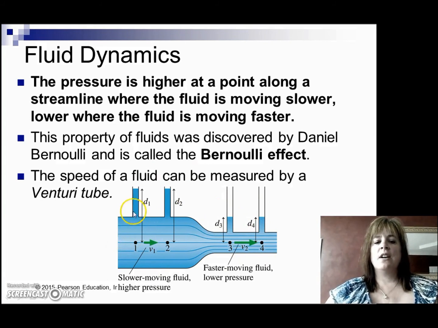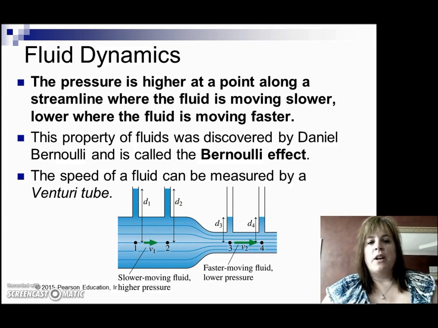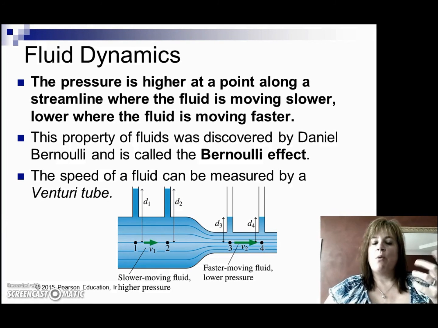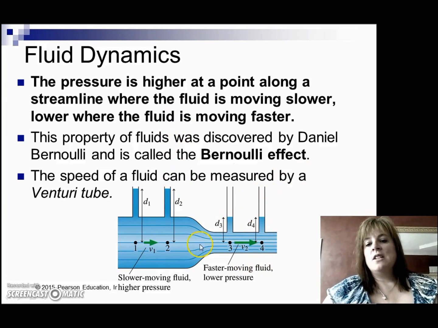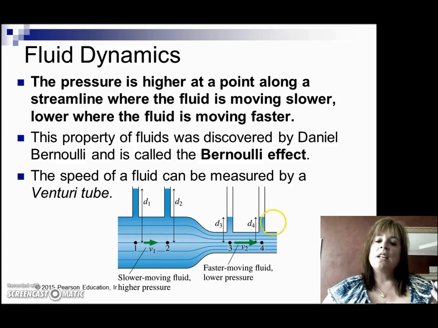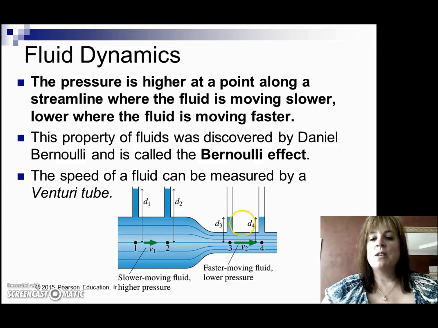And you can see here in the slower moving part of the tube, where we have that higher pressure, that the liquid up here is higher, because remember in static fluids the fluid pressure is rho g h. So where I have higher pressure, I'm going to have a higher height like I have in that section of tube. But when we move into the skinnier section of tube where I'm moving faster, we can see visually that we have lower pressure because the height in those vertical tubes is smaller.